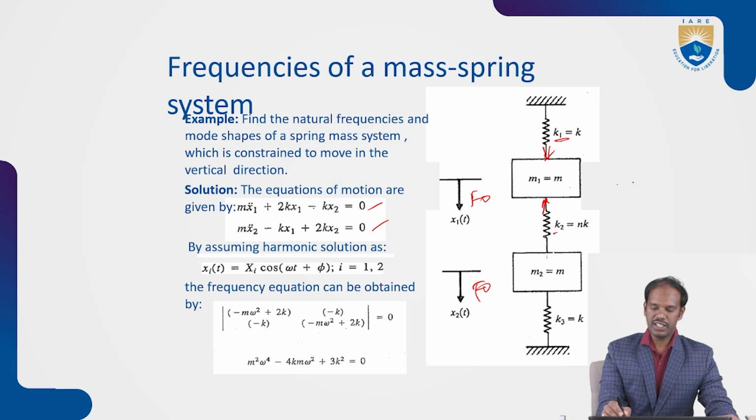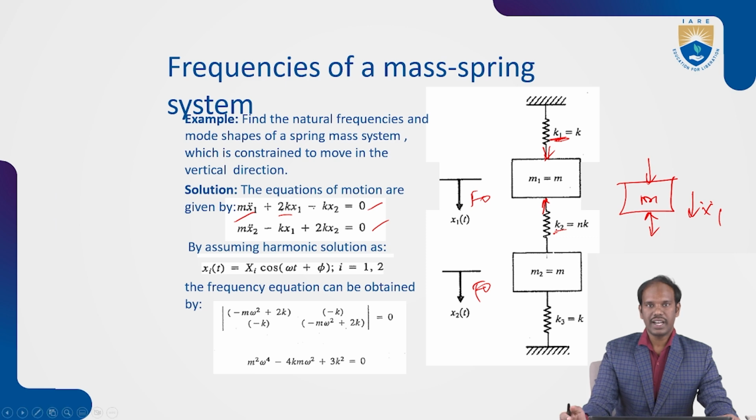If we take only a single degree of freedom, we take m1, which has acceleration applied, so we take m1 into x1, which will move in this direction. We take 2k times x1, the distance it moves, and this spring will move again towards the reaction force.